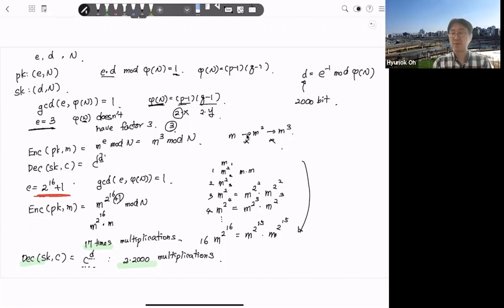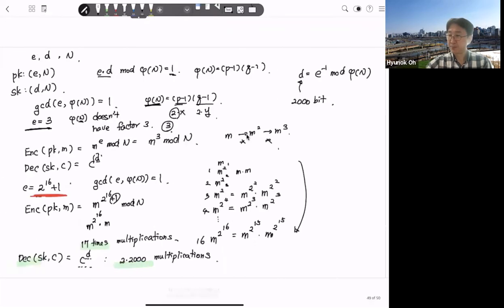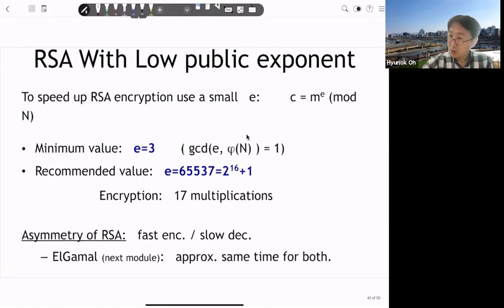There is an encryption scheme that we will learn about next time, the Elgamal scheme. In that case, the encryption and decryption are almost equivalent performance-wise.